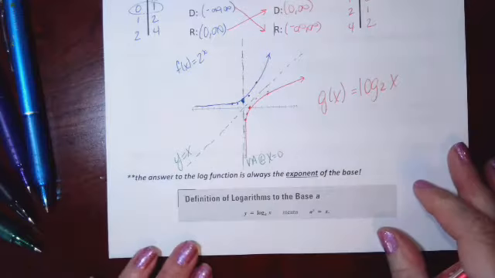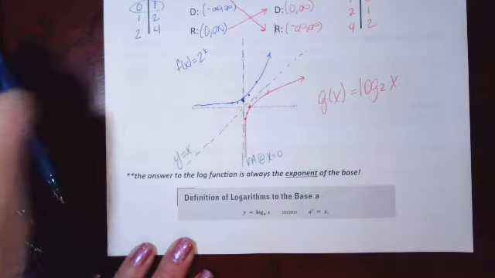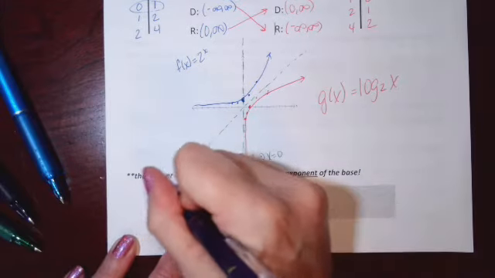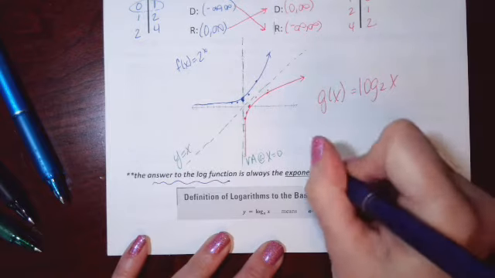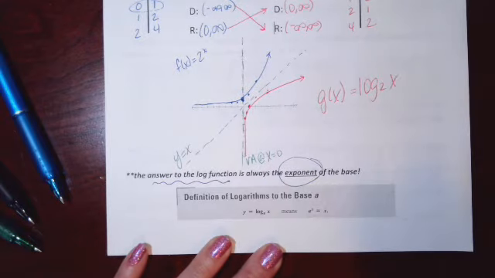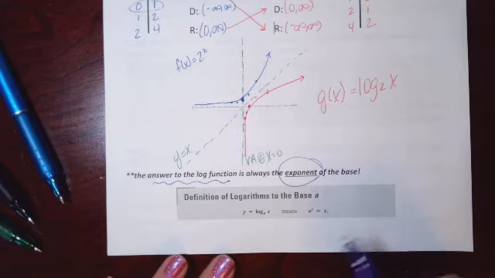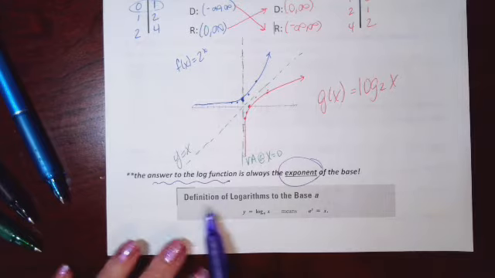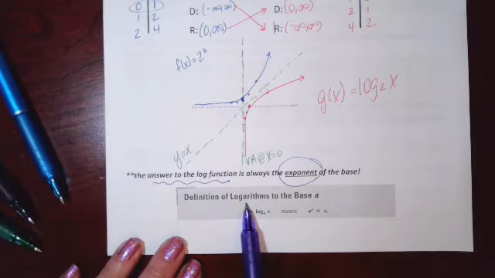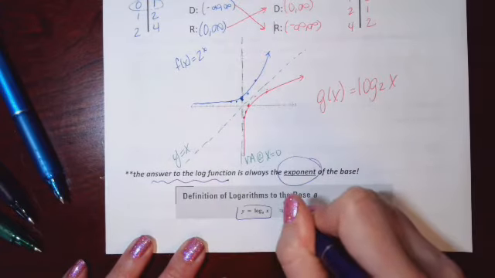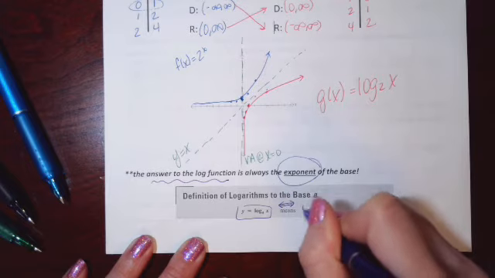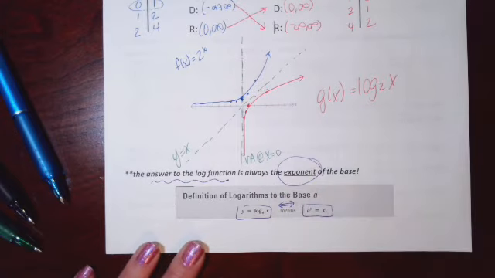Another important piece of information to remember as we're working with log functions is that the answer to a log function problem is always the exponent of the base. Now I have 3 basic pieces of information that I'm interested in. I've got a base, an exponent, and an argument. I define a logarithm by simply saying that if I have a log statement, I can switch it with an equivalent exponential statement.